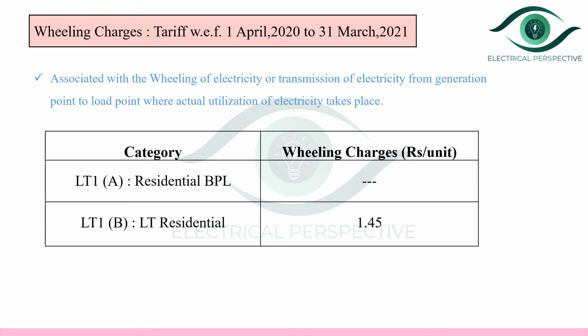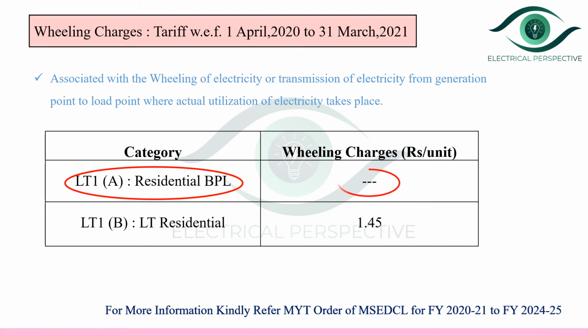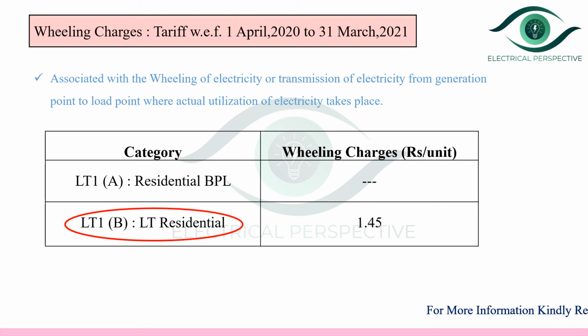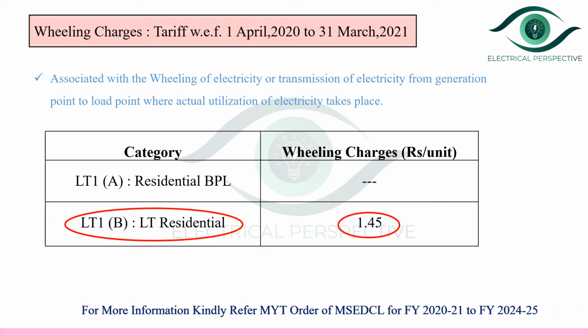The mentioned rates are as per the approved tariff schedule with effect from the 1st April 2020. From the table you can see that for LT1A, that is the residential BPL category, there is no wheeling charge. For LT1B, that is the LT residential category, wheeling charges are 1.45 rupees per unit.